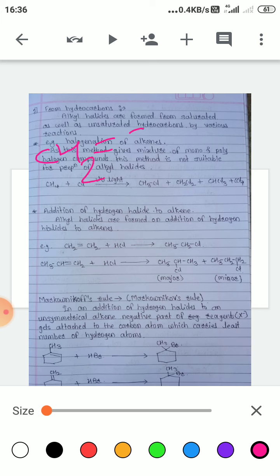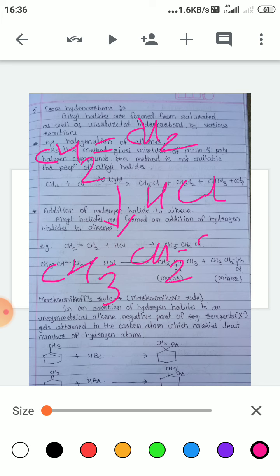Now this is a symmetric alkene, and addition of HCl, HBr, HI across this carbon carbon double bond gives ethyl chloride CH3CH2Cl. If we take HBr, then we'll get ethyl bromide CH3CH2Br.